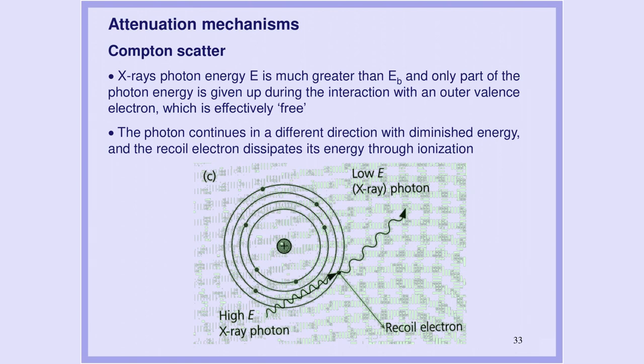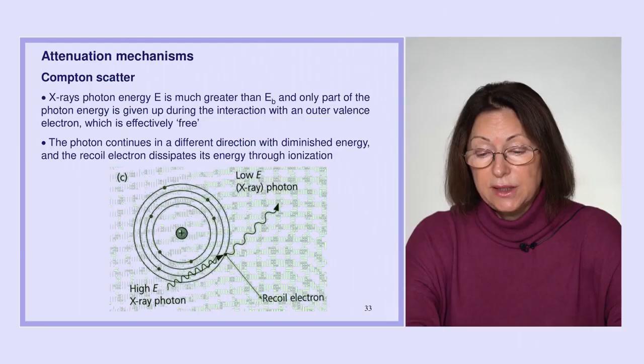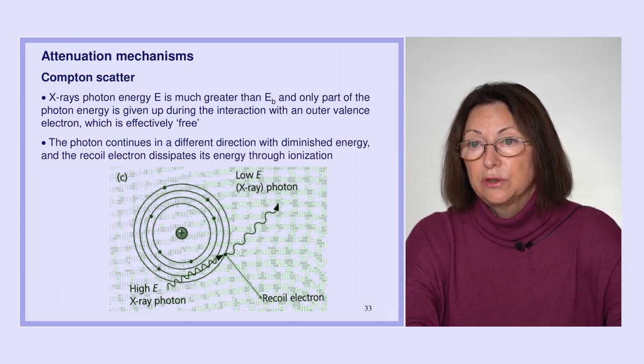The X-ray photon energy is much greater in this case than the electron binding energy, and only part of the photon energy is given up during the interaction with an outer valence electron, which is effectively free. The photon continues in a different direction with diminished energy, and the recoil electron dissipates its energy through ionization.